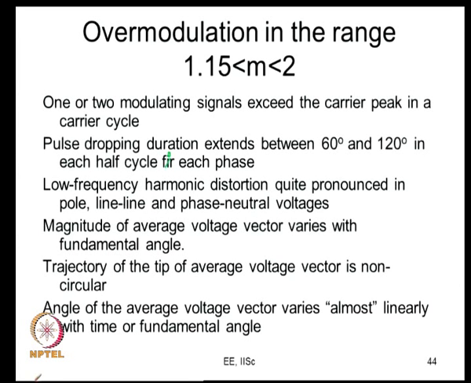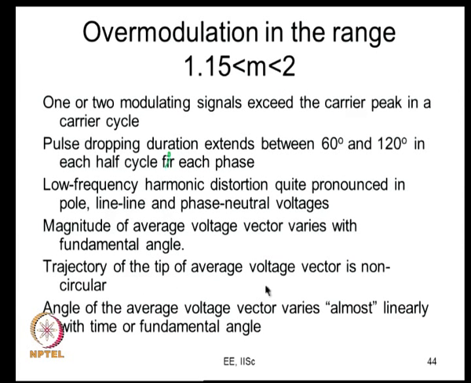FOR, alright. So, low frequency harmonic distortion. There is low frequency harmonic distortion, but it is quite pronounced when compared to what you found at m equal to 1 or in the range 1 to 1.15. Now, it is much more pronounced and goes on increasing as m goes from 1.15 to 2. Now, if you look at the magnitude of the average voltage vector, it varies with fundamental angle, and this variation is also more pronounced than it was in the range 1 to 1.15.